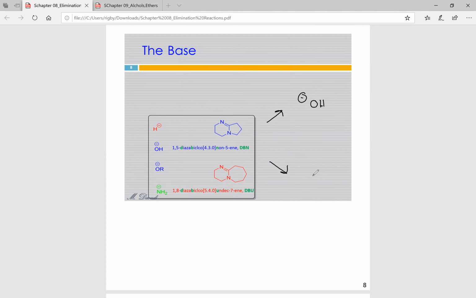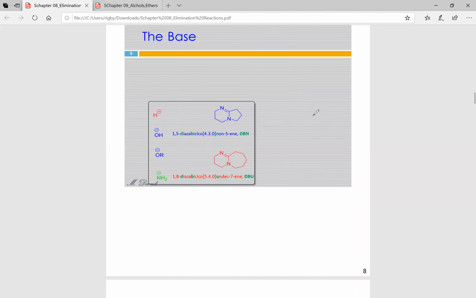E1 prefers weak bases like H2O. And this is because, again, similar to SN1 and SN2, it wants time to make its carbocation, and when given a weak base, it does get that time. Whereas given a strong base, that strong base is going to be more likely to attack the hydrogen without giving the carbocation a chance to form. Okay? And here are some common bases you'll see.